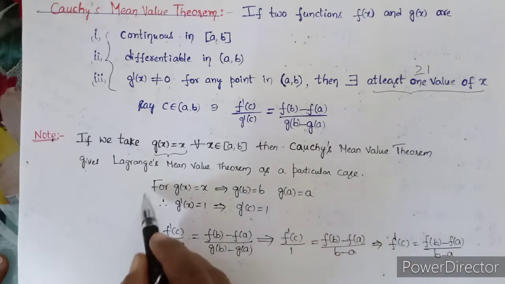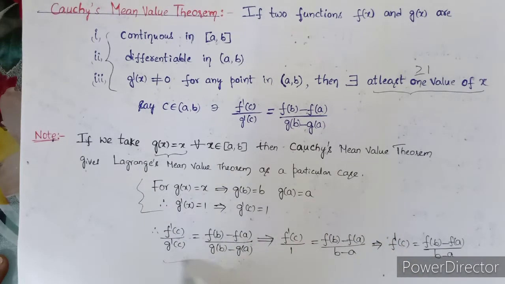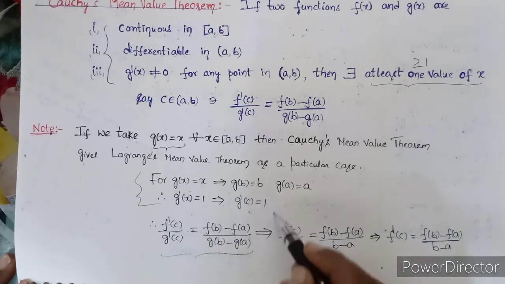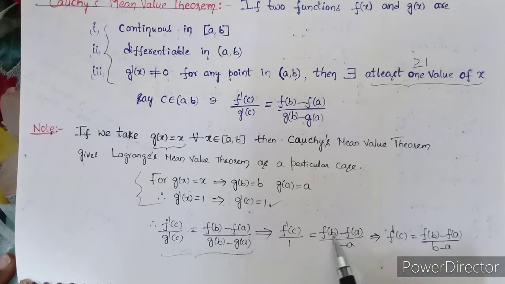Then substitute all these values in the Cauchy mean value theorem. f dash c by g dash c is equal to f of b minus f of a by g of b minus g of a. Now we substitute. f dash c by g dash c is f dash c by 1. f of b minus f of a by g of b value is b, g of a is a.